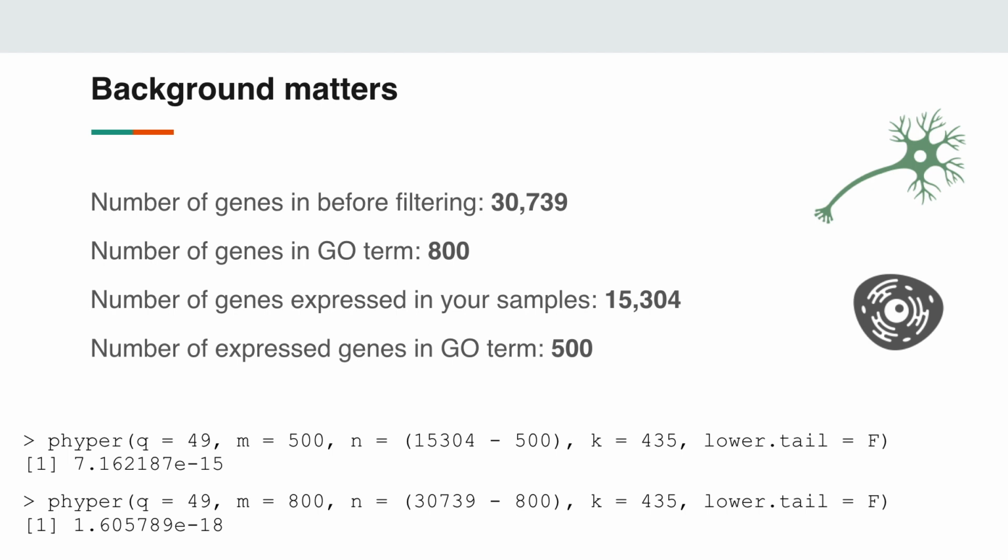So using the incorrect background of the full gene set will lead to the identification of several pathways as significantly enriched just because they're more likely to be expressed in liver cells. And by using the proper background of the genes that are actually expressed in your sample, you control for that and you don't waste time with enrichments that are simply due to a gene expression profile in that tissue.